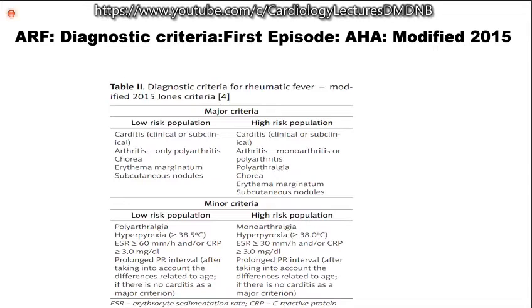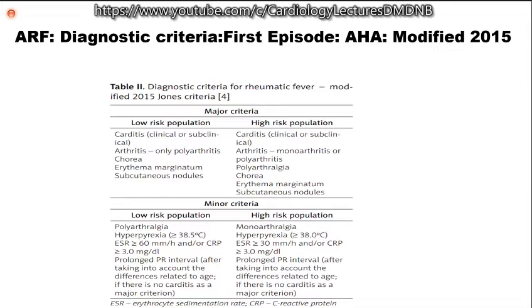You're right. So patients in whom you are able to detect a murmur on clinical examination have clinical carditis. But if you are not able to clinically detect the murmur, but on echocardiographic examination you have evidence of mitral or aortic valve regurgitation, then that is subclinical carditis.